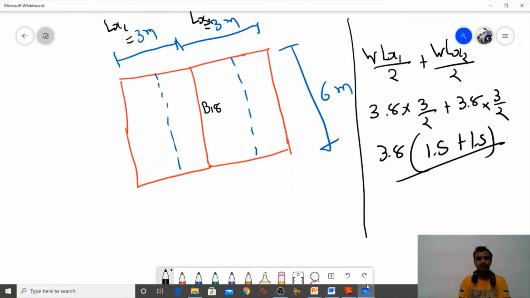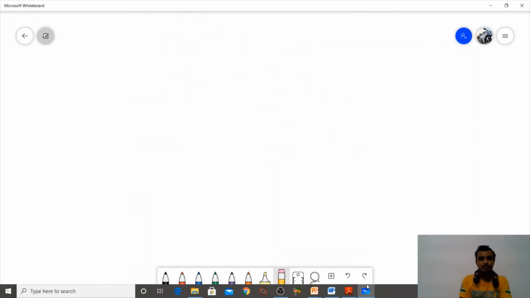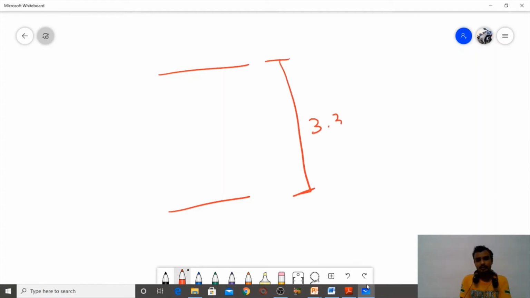What happened here? 3.35 is the total height between floor to floor.